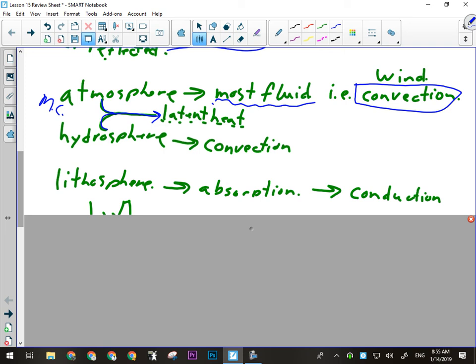In other words, I want you to think about how can I get heat transfer to work for me, or how can I get heat transfer to stop so that I can keep this thing the way it already is. So you've got to talk to me about how you're going to design something to stop or harness convection, conduction, and radiation.